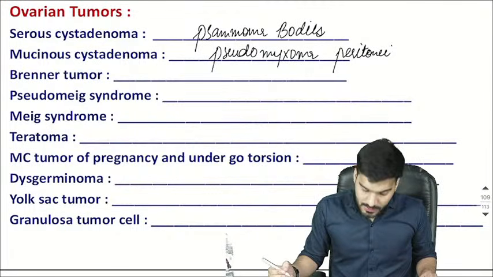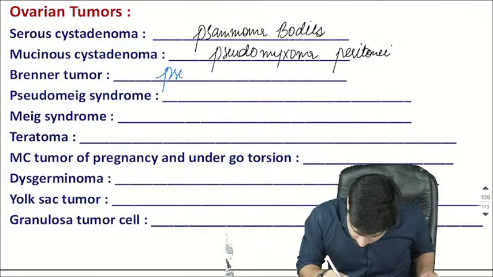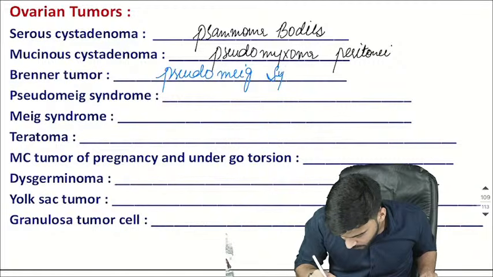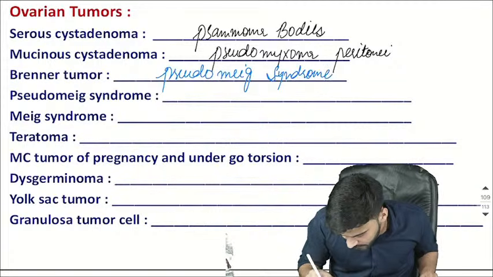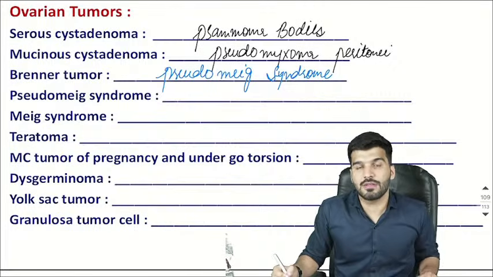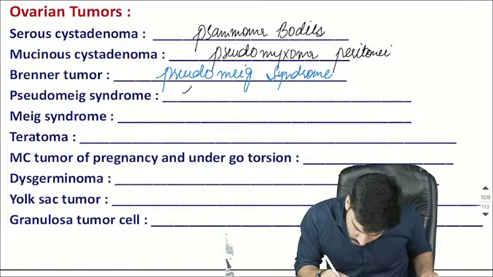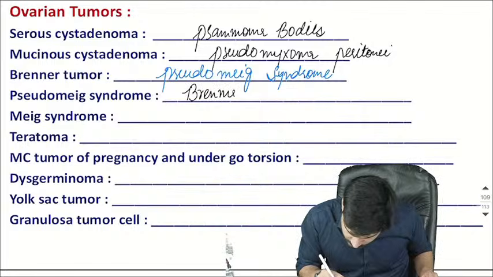If it is a Brenner's tumor, it is associated with Meigs syndrome. All these first three tumors are types of epithelial tumors.